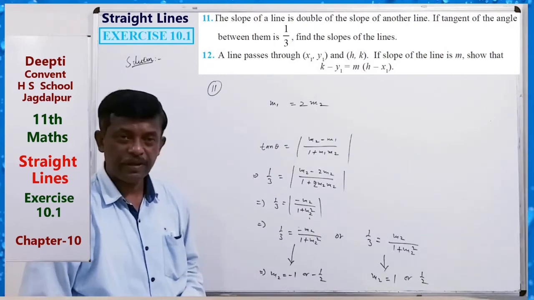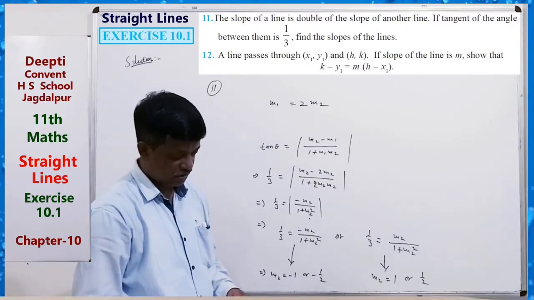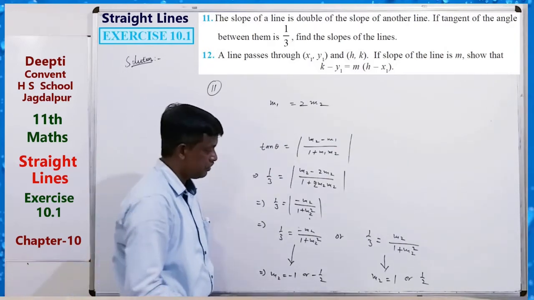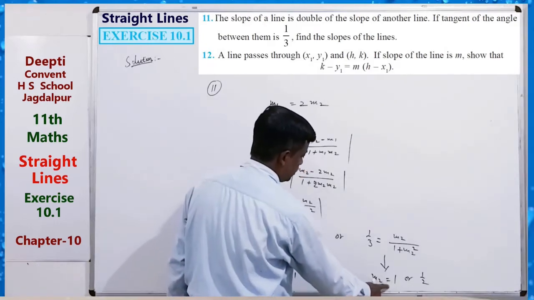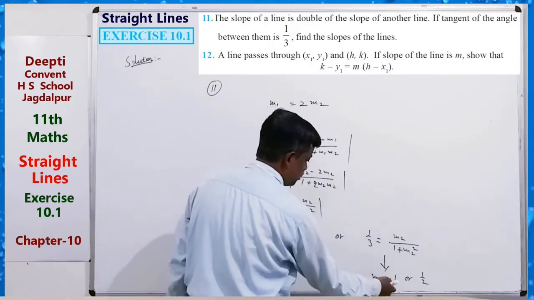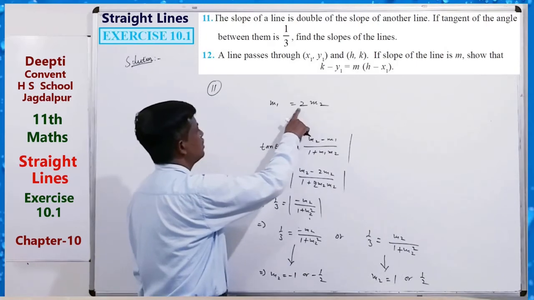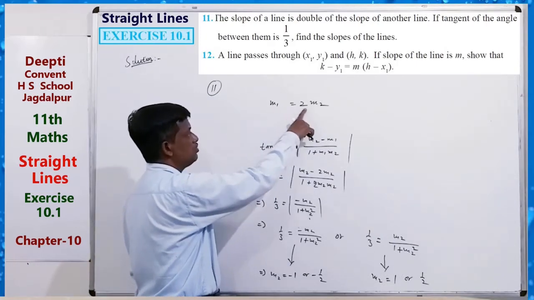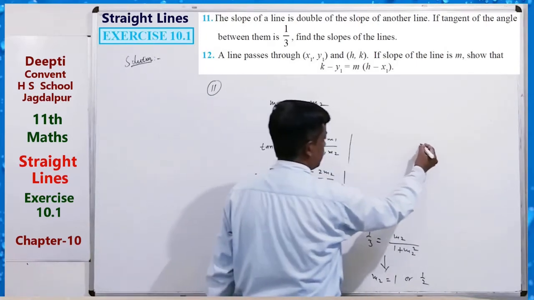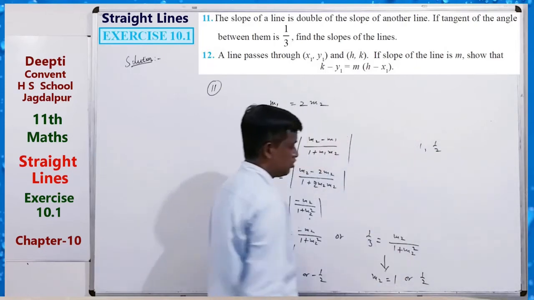So suppose m2 equals 1, so we get m1 equals 2.